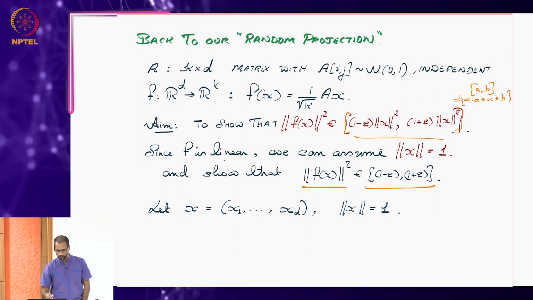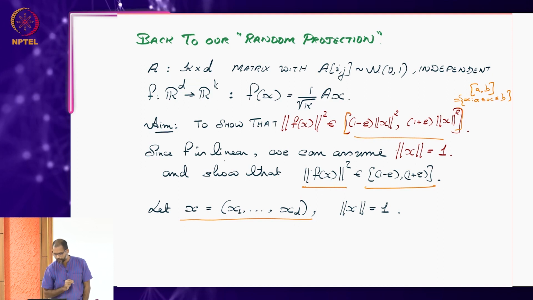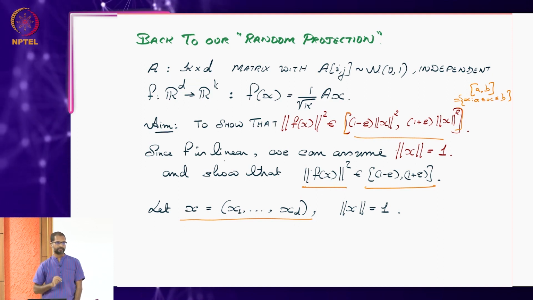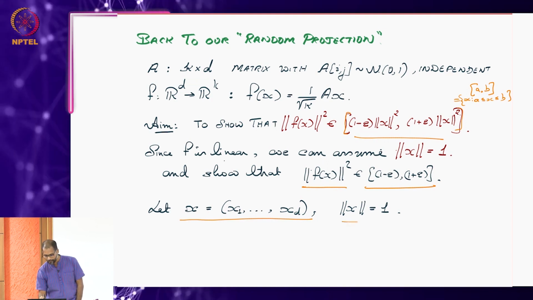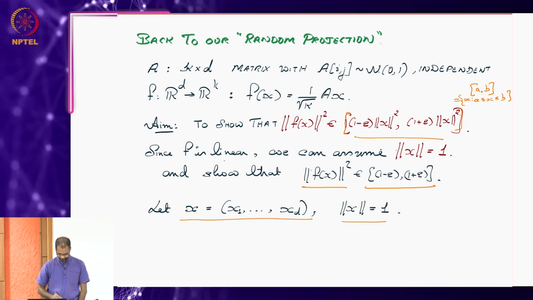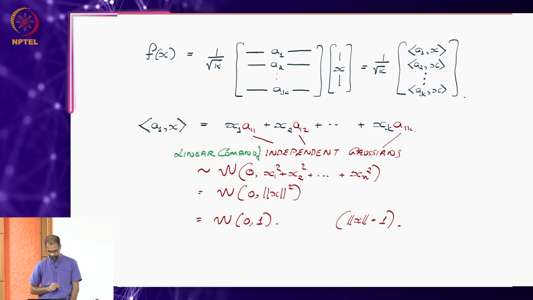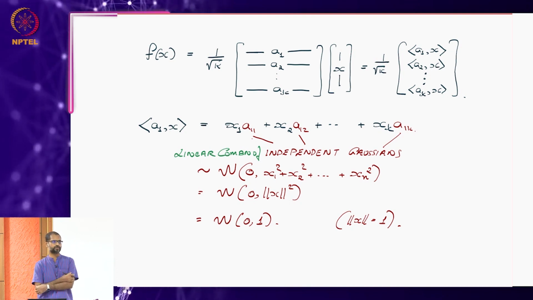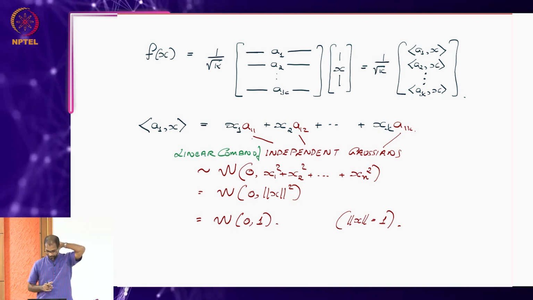Restating what we are going to do, we are going to study what happens to this projection for a unit vector x. x is a d-dimensional vector and it is a unit vector. Now, it is time to use our matrix views and so on. So, buckle up.